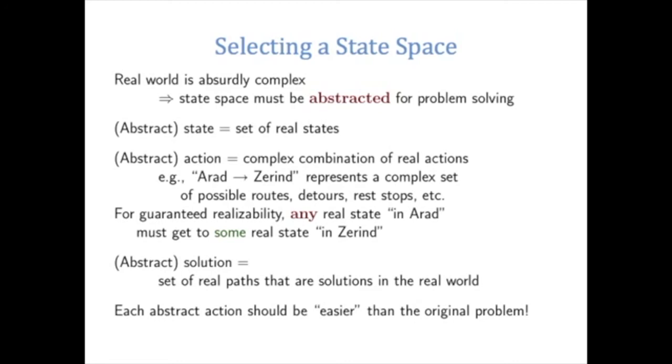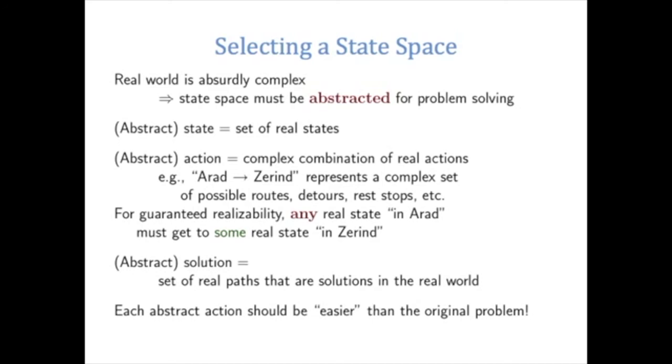Maybe there's construction going on one of the roads, or there's a snowstorm on one road and it's blocked, and so forth. So the real world is just full of detail that is going to be too complex for us to solve with these kinds of techniques. In fact, almost any artificial intelligence technique. So we have to abstract away from the real world into a state space that's suitable for solving problems.